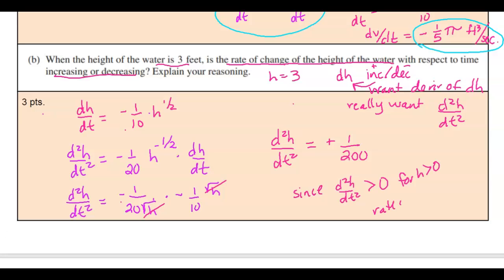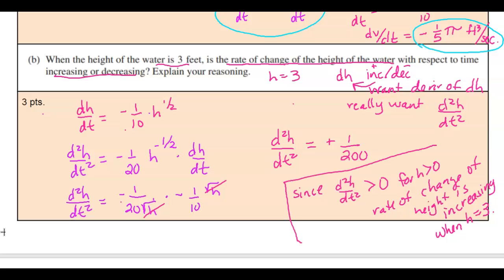But the rate of change of height is increasing when h equals 3. And I didn't really even need to plug in my 3. It wouldn't have mattered. But you want a statement that talks about the second derivative being positive and what is increasing. Okay, so make sure that's clear.